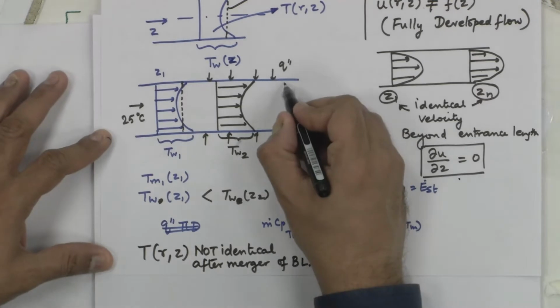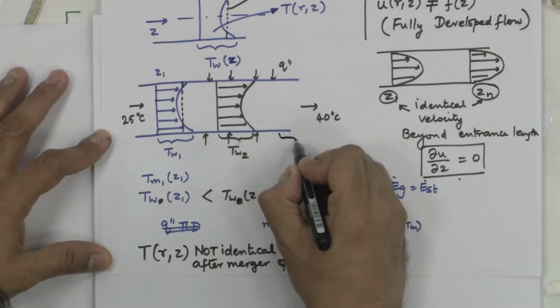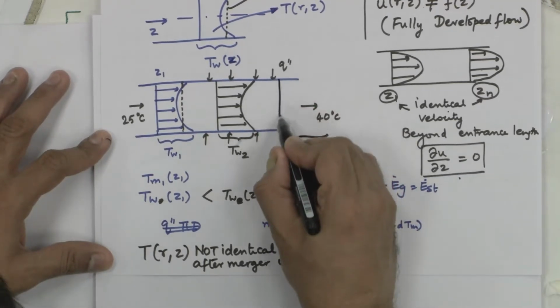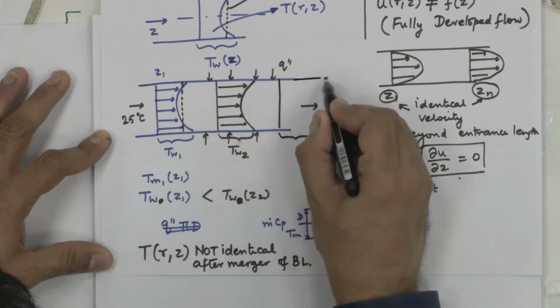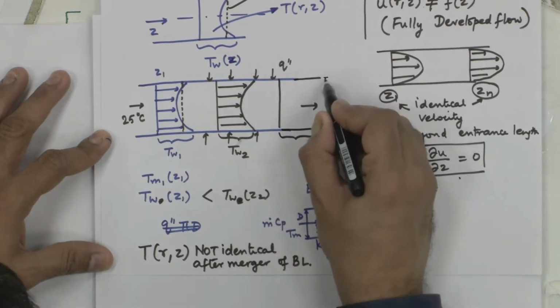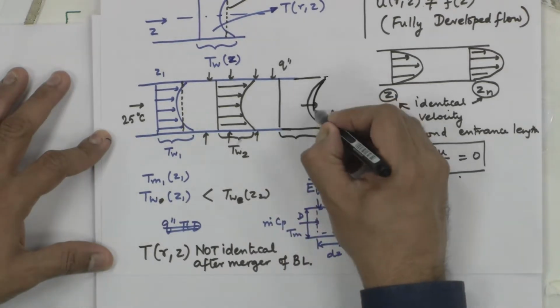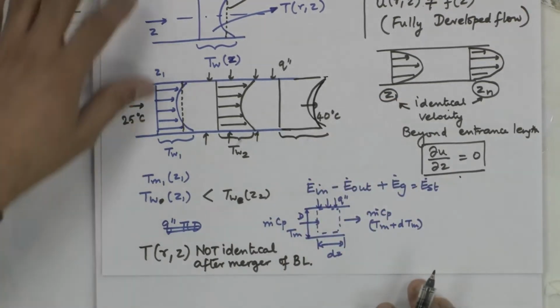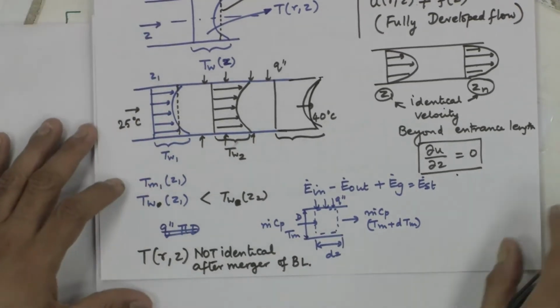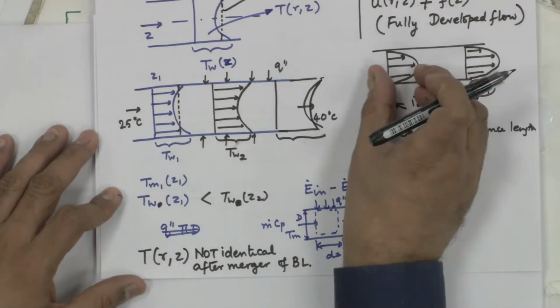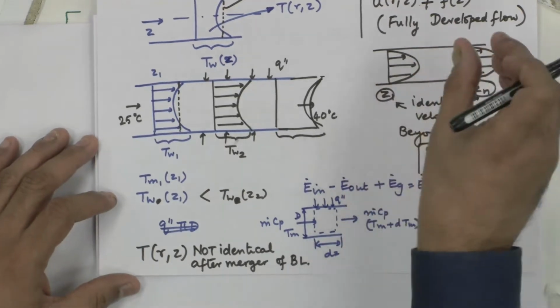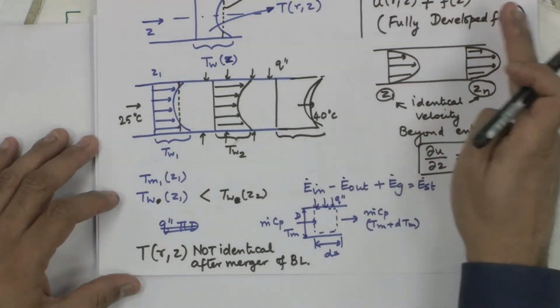You have a profile at a further downstream location, it would be a greater wall temperature than before, than here, something like this, or something even thicker like this. The point being, I am not going to have one profile repeated at different z locations.